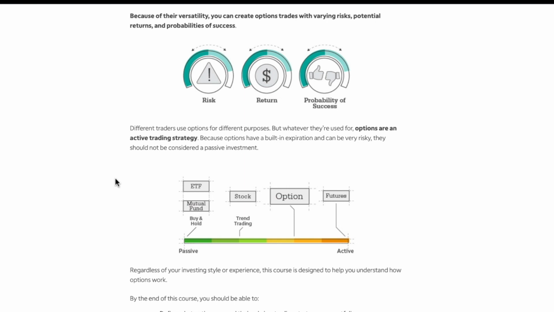There are options with expiration dates that are months, even years in advance, so they might not seem active initially, but because they still have an expiration date, at some point you need to make a move or else you will lose your money. A stock, on the other hand, you could potentially hold forever. As long as the company is still there, you don't have to touch it, but options is not the same.